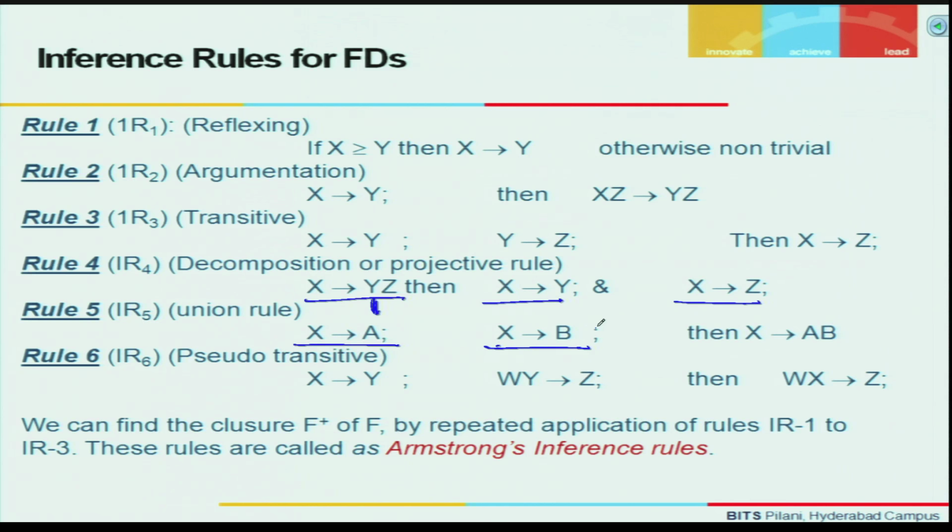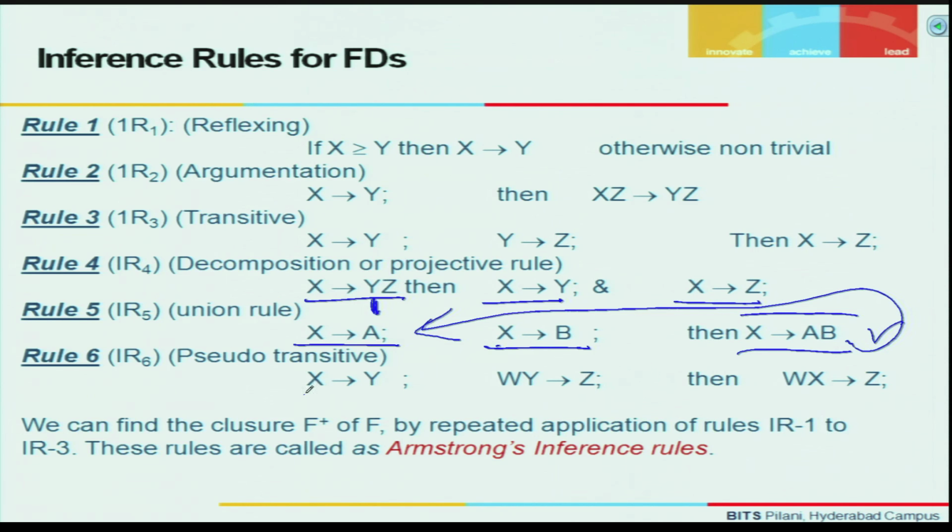Since the LHS is the same, I can write a new functional dependency where x determines ab, which is a new valid functional dependency. Again, if I apply the decomposition on this x determines ab, I can get back x determines a and then x determines b.